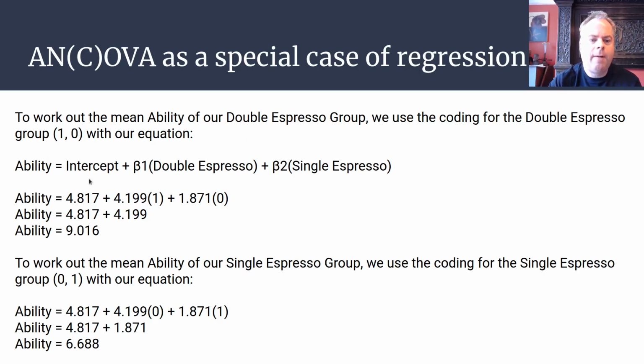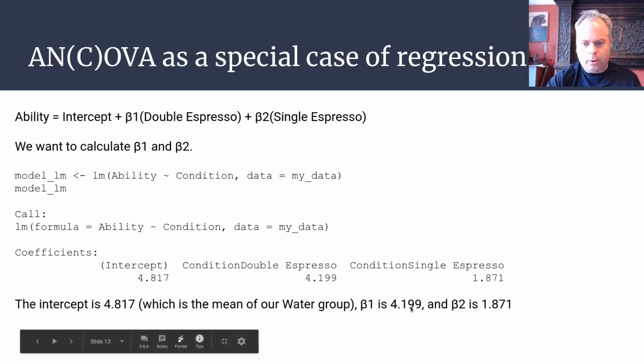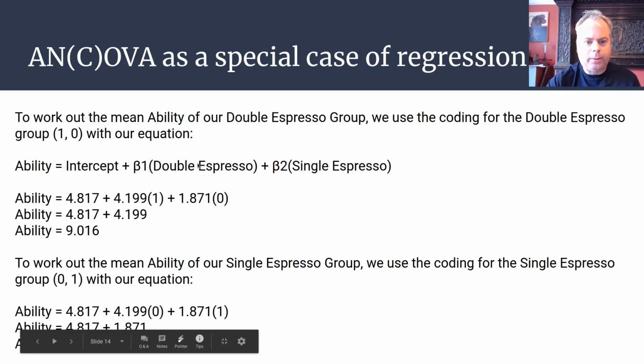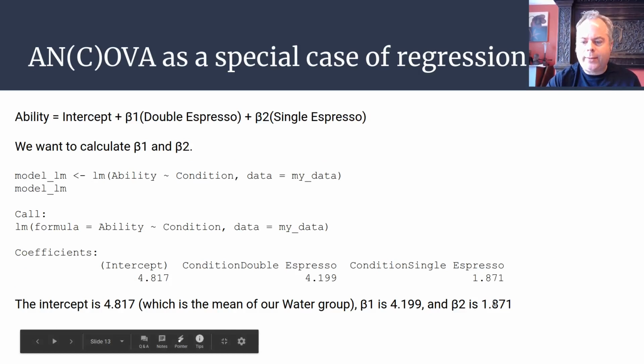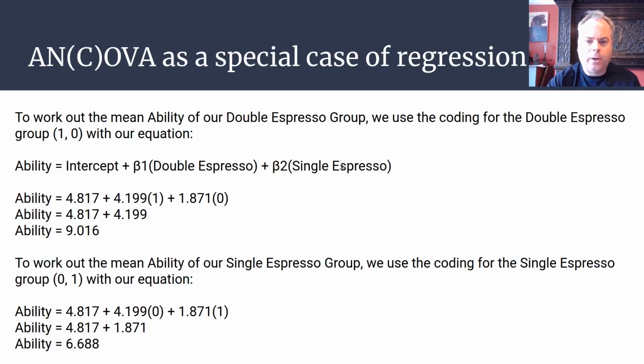So we've got ability is equal to the intercept, which is 4.817, plus beta 1, which is 4.199, multiplied by 1, plus beta 2, which is 1.871, multiplied by 0, because what we're wanting to do is work out the double espresso group, so we're using this contrast coding. And if we work out those values, we get 9.016, which is the mean that we calculated earlier of our double espresso group.